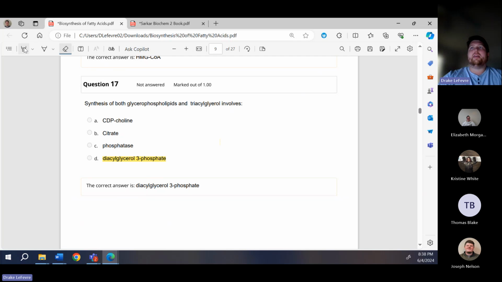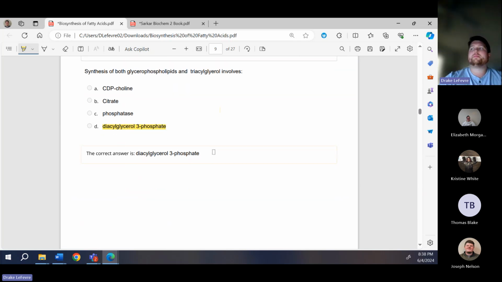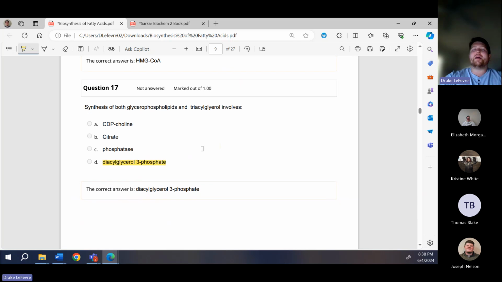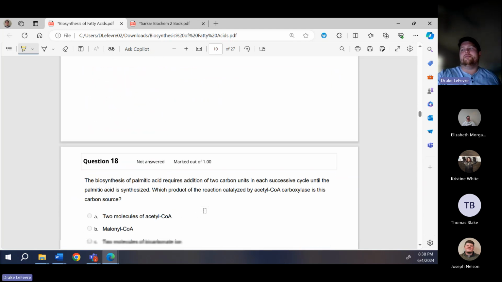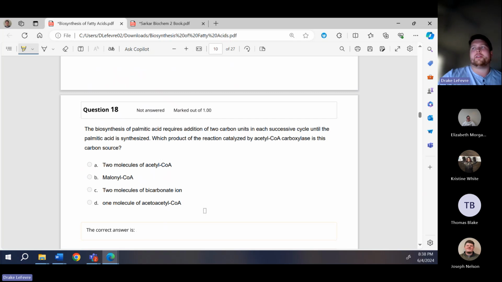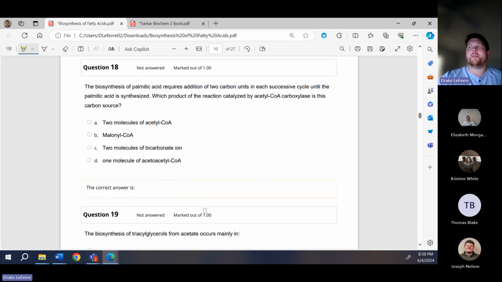So when in doubt, guess what's closest. You have CDP-choline, but the diacylglycerol is closer to the whole CDP-diacylglycerol. Makes sense. It's not perfect, but honestly, at this point it's crunch time, so do the best you can to learn and remember as much as you can of the important stuff.